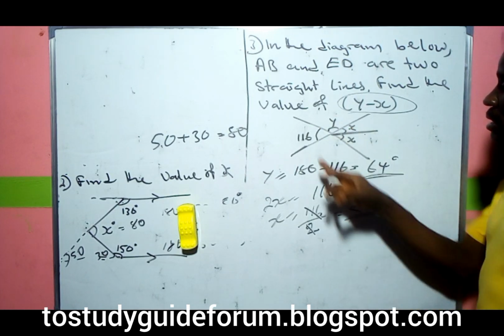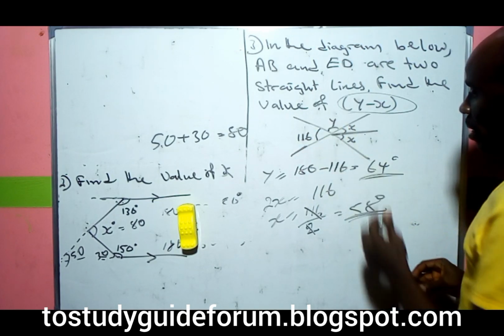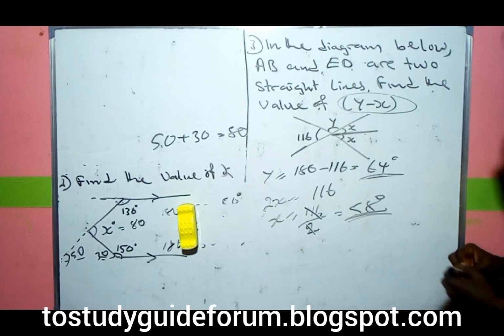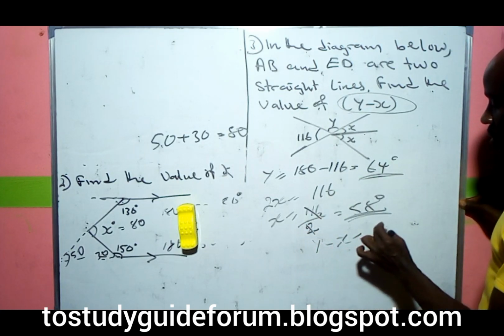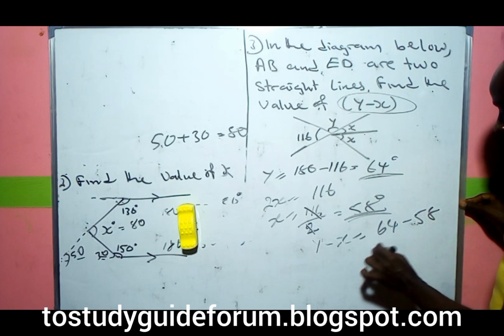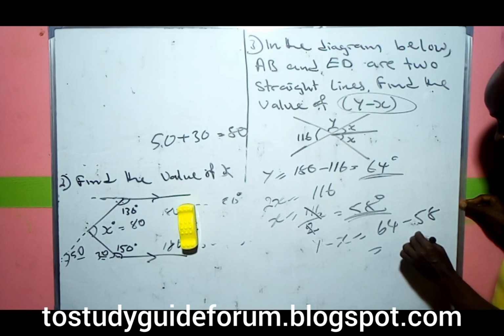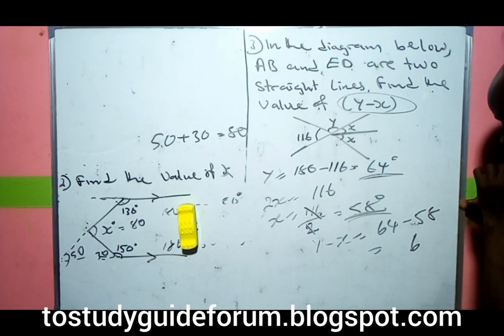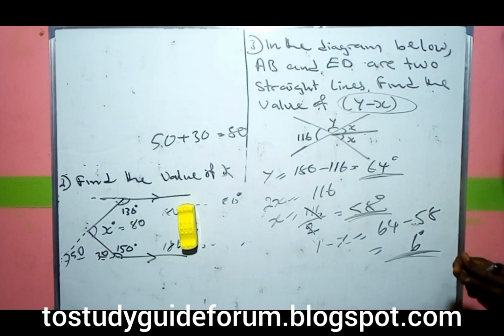The angles are corresponding to each other, this and that, while this other one is equal to this. So to find the value of y minus x, we have 64 minus 58, which gives us 6 degrees. The answer is 6 degrees.